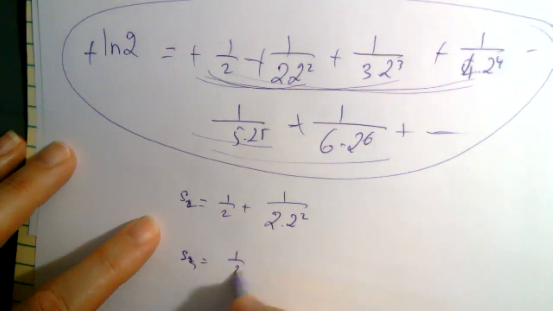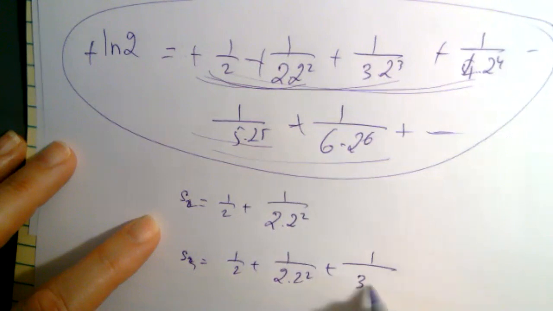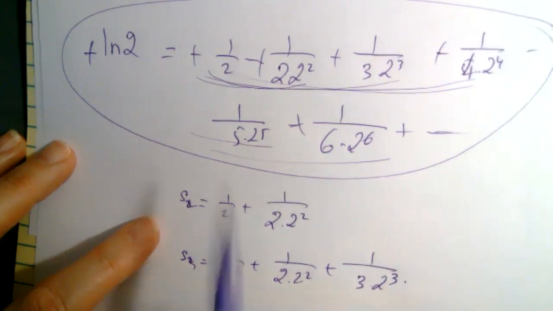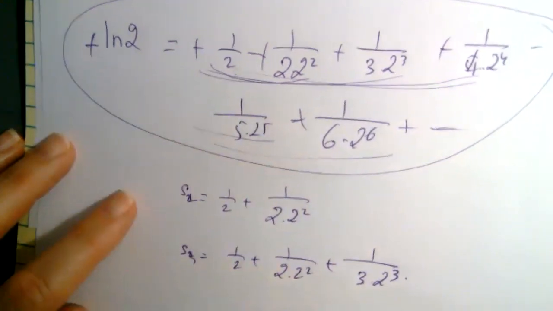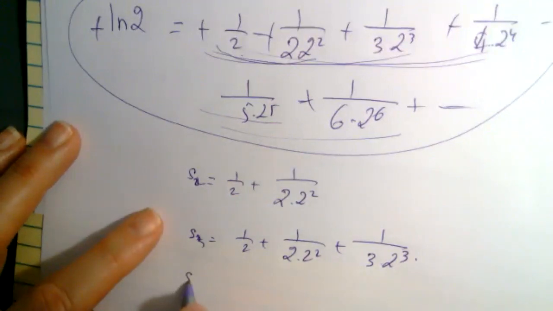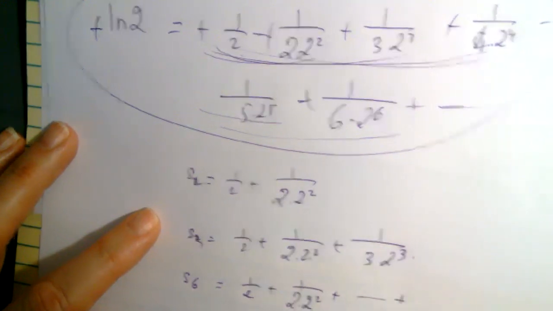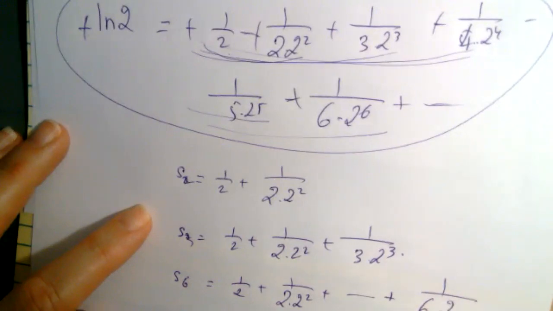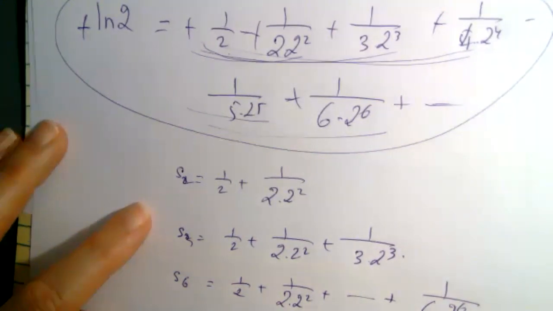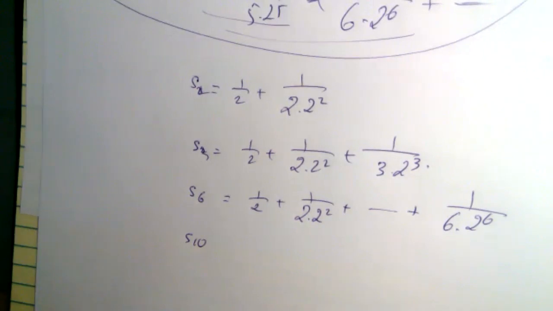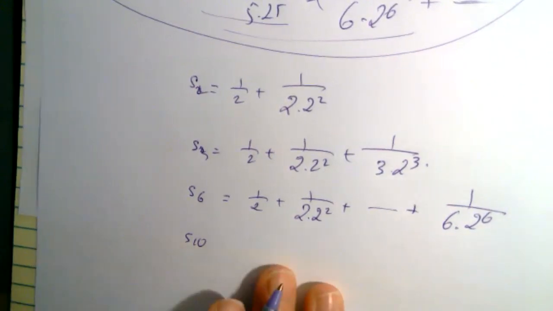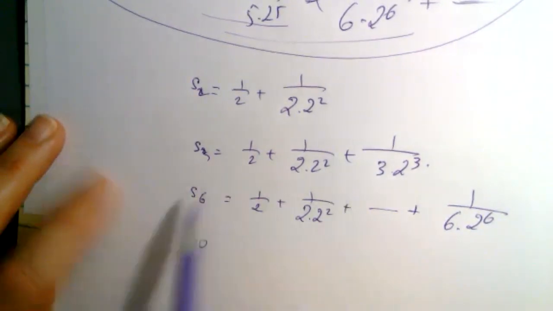Then I started physically adding, because that's what this means. It means if I add those terms, I get closer and closer to ln of 2. I pushed myself, I added S6, the sum of the first 6 terms, and then more terms, and I got those numbers.